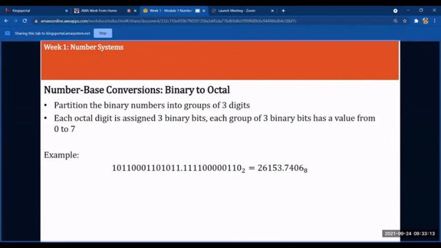So 101, then 100, 011, 010, ganun po, dire-diretso. Then you need to convert every 3 binary bits, may value yan from 0 to 7. Okay? So that would be the conversion from binary to octal.